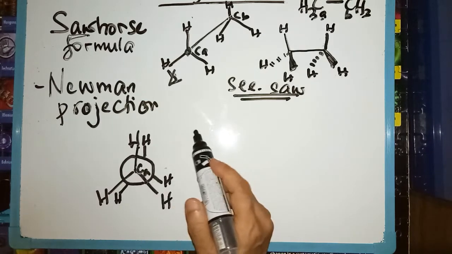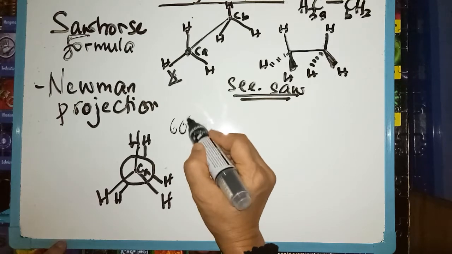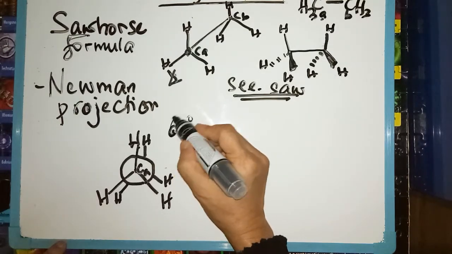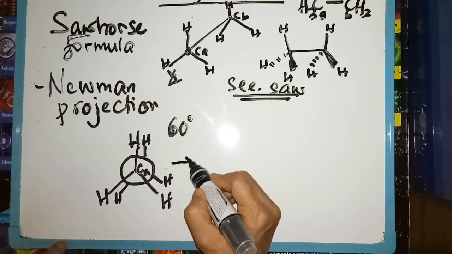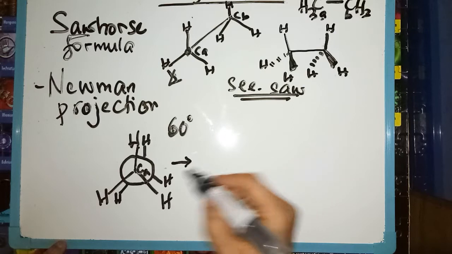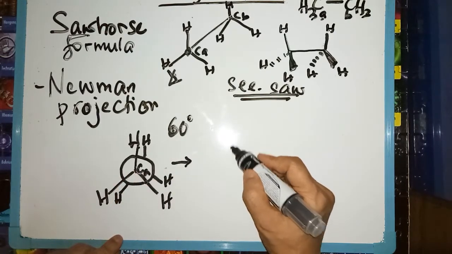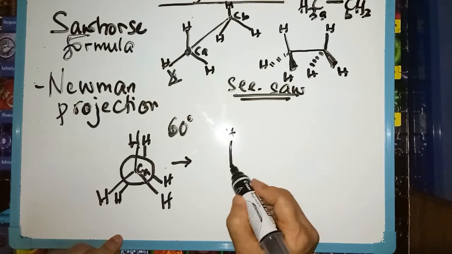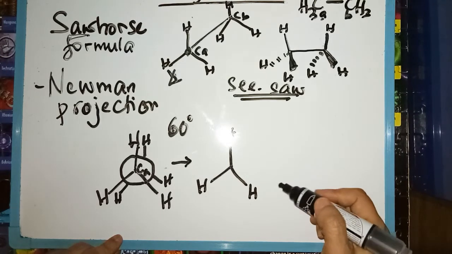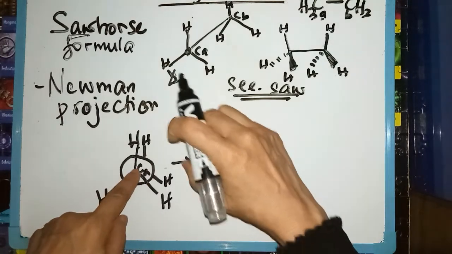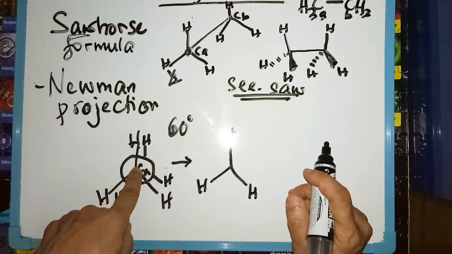And the rotation that is allowed each time is about 60 degrees. So if I rotate 60 degrees, and I'm holding CA as it is, the one in front of you will be static.